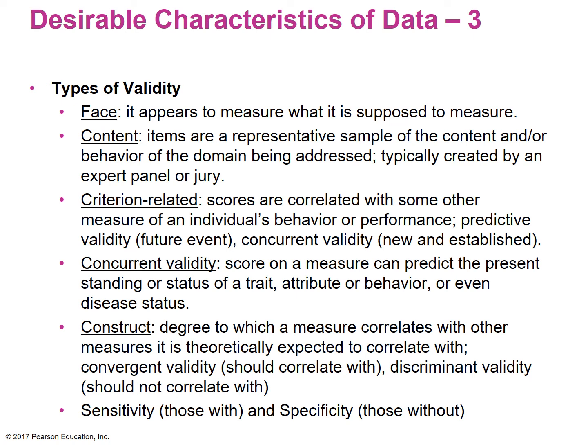Sensitivity basically addresses false positives. Okay, the greater the sensitivity, the less likely you are to have false positive. Specificity addresses false negatives. The higher the specificity, the less likely you are to have false negatives.